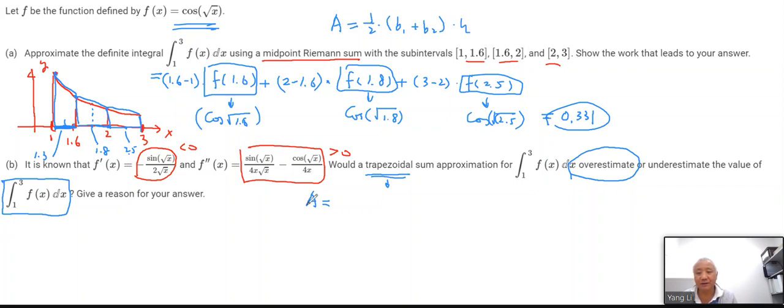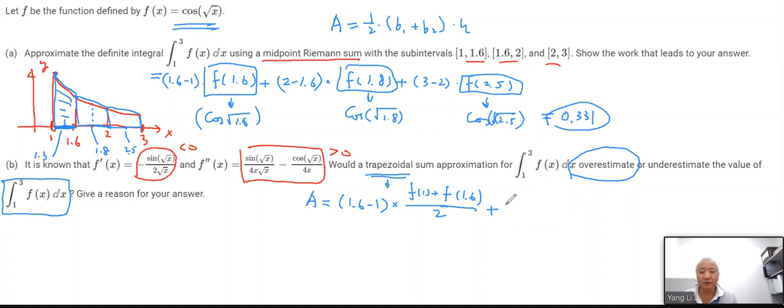So the height here is 1.6 minus 1, and then times base 1 plus base 2. Base 1 is f(1), plus f(1.6), and then divided by 2. This is the area for this part.